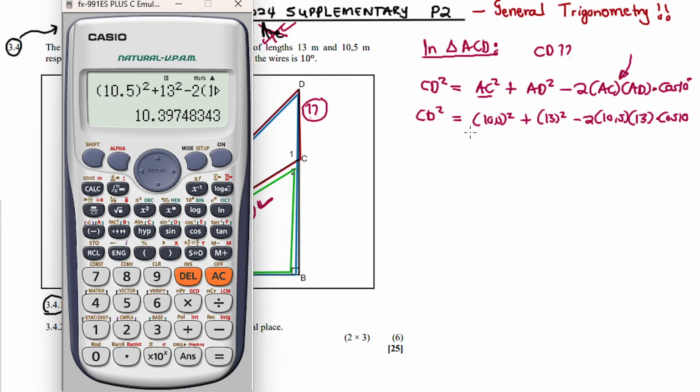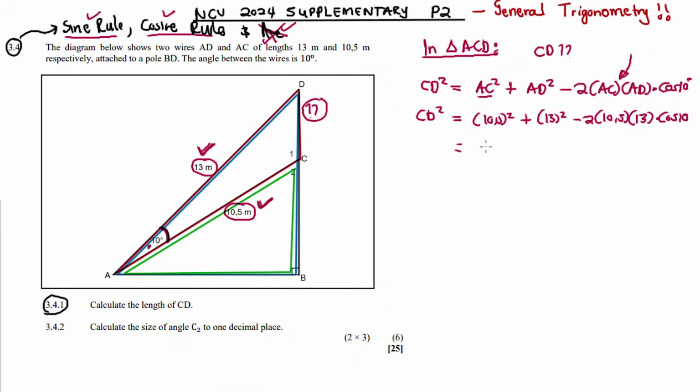okay, let me see, it's 10.397484343. So the answer is 10.39748343.